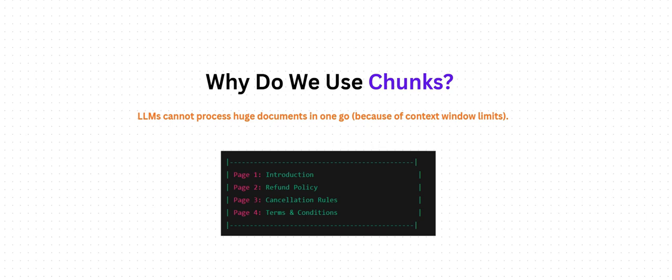Now suppose the user asks, what is the refund policy? Instead of giving the entire PDF to the model, the system retrieves only the refund policy chunk from the vector database and sends it to the LLM. The LLM then generates a cleaner and more accurate answer based on that chunk. That's exactly why chunking is so important.